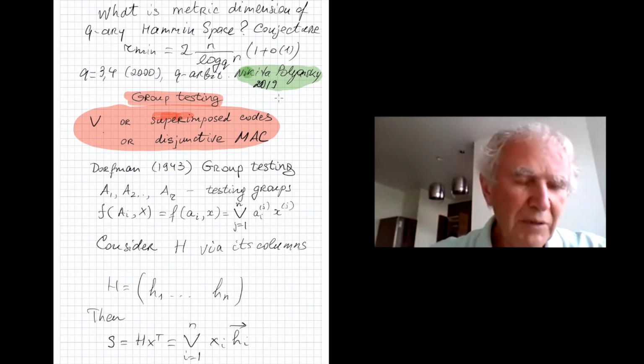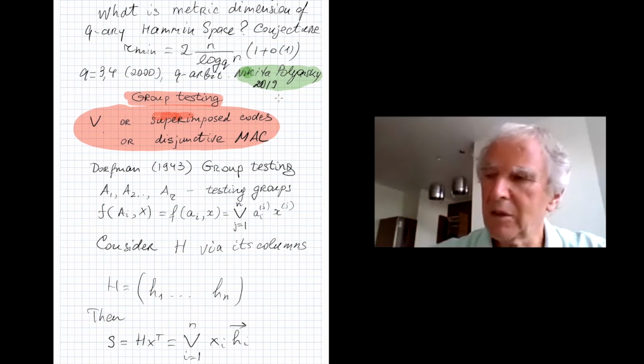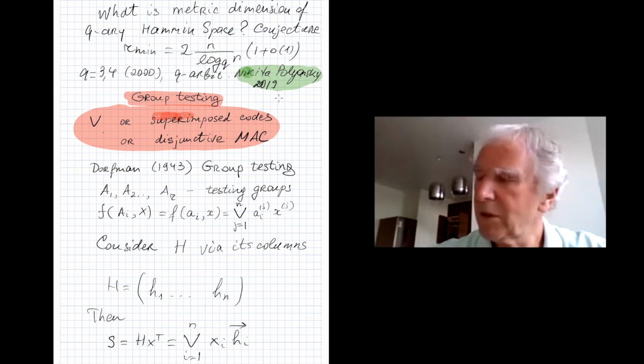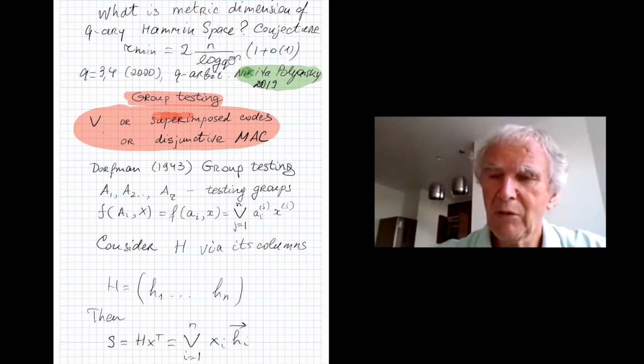By the way, why I love different approaches to the same problem, and even different statements of the problem, because with counterfeit coins, it's not clear how to generalize it. But if we think about the metric dimension of the binary Hamming space, then the natural question is, why binary?